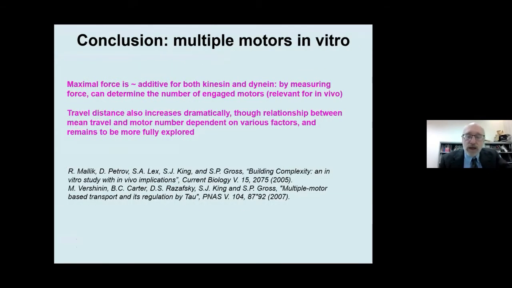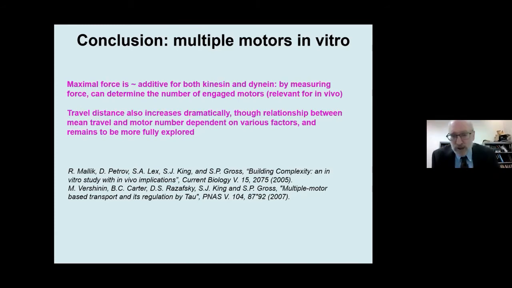Okay, so the conclusion from our in vitro side journey is that the maximal force is roughly additive for kinesin and dynein, which means that in principle, by measuring the force, you can determine the number of instantaneously engaged motors. And that's important because then, in principle, by measuring forces in vivo, we can determine the number of engaged motors that are moving the cargo in vivo.